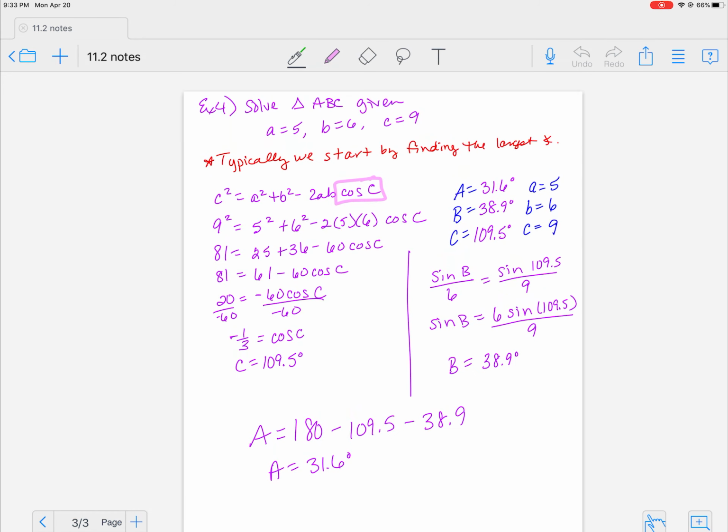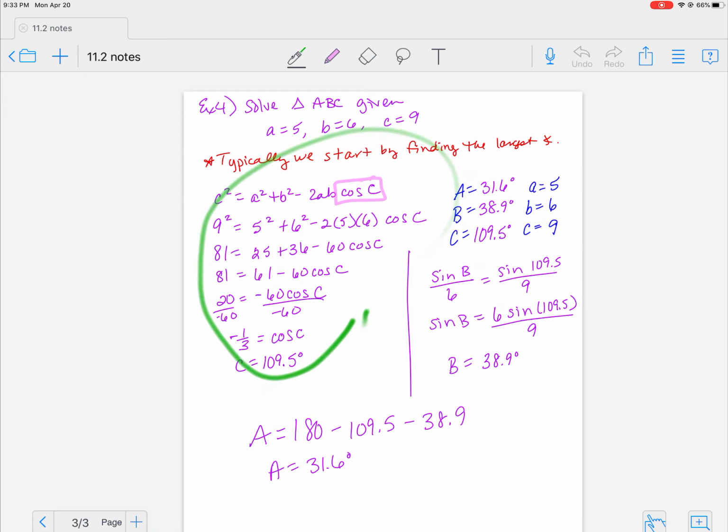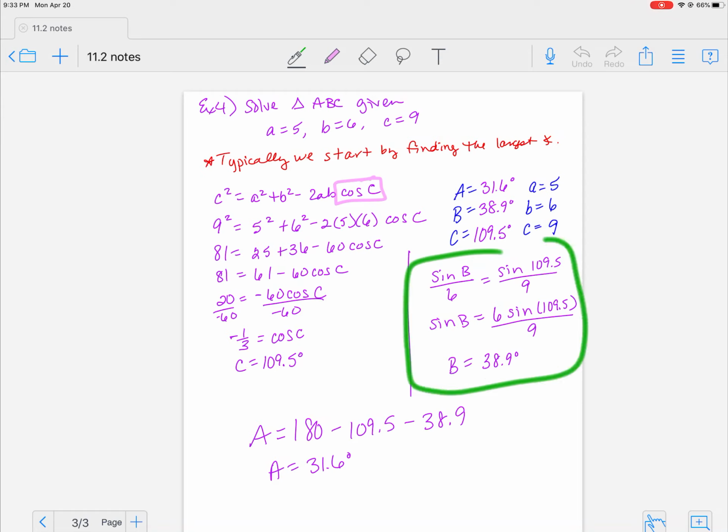And that's the deal. So when you start off with 3 sides, typically you start by finding the largest angle. And once you have that largest angle, then you just work your way back up. So really you're using law of cosines once because it's kind of a whopper of a formula. Then it's much easier to do this nice little rational setup here with your law of sines to get the rest of it.